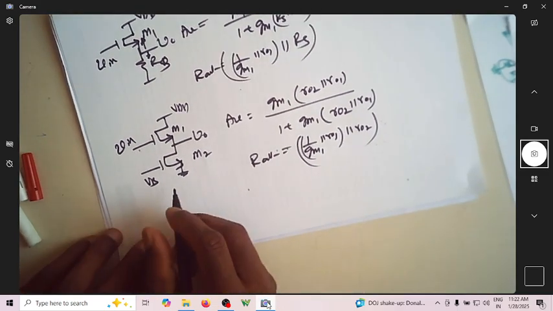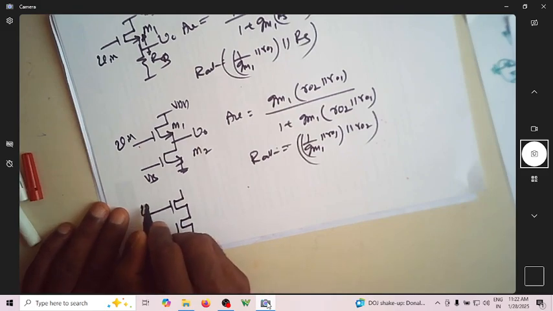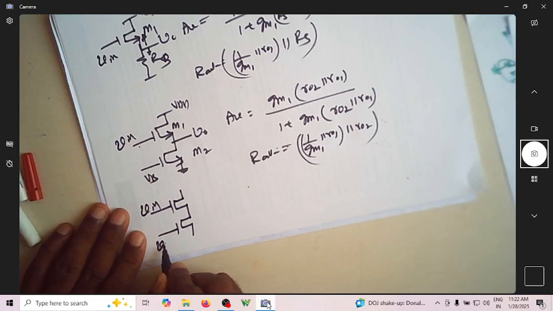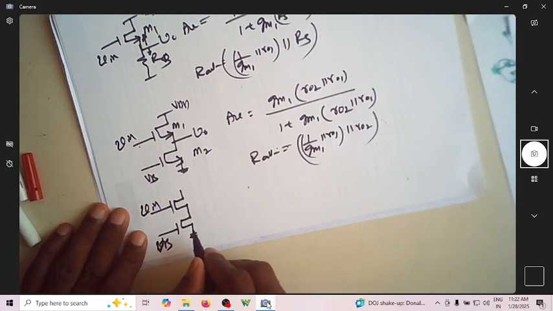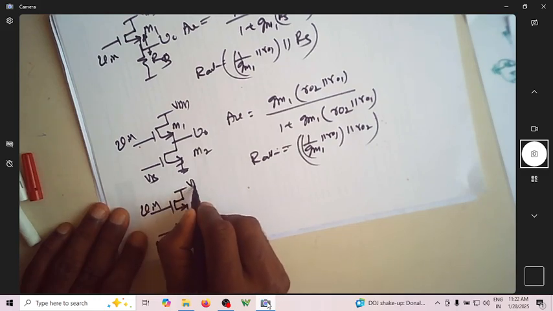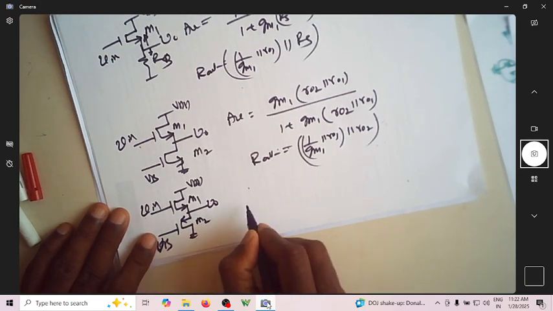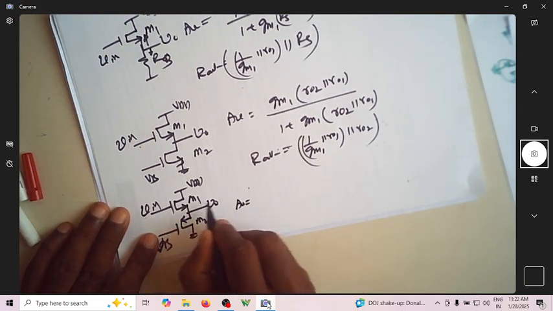So what is the other possibility? Other possibility can be, you can have something like this. This is V in. This is some bias voltage. If it is a PMOS transistor, this is VDD, this is V0, this is M1, this is M2. So what is AV here for this?